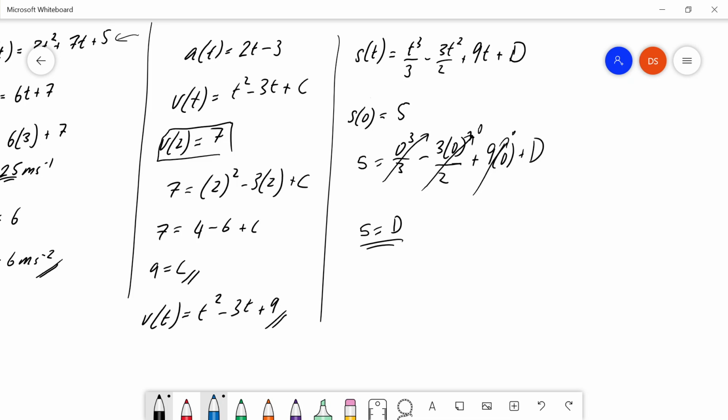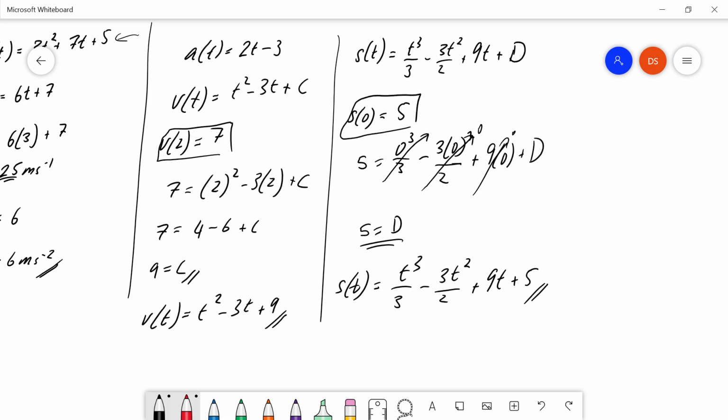So that means my distance equation is equal to t cubed over 3 minus 3t squared over 2 plus 9t plus 5. And now I've got the original function. Now these bits of information will be given to you in questions or in context, and it's really important for you to be able to pick up and read that.